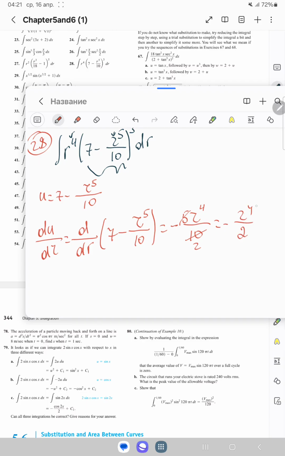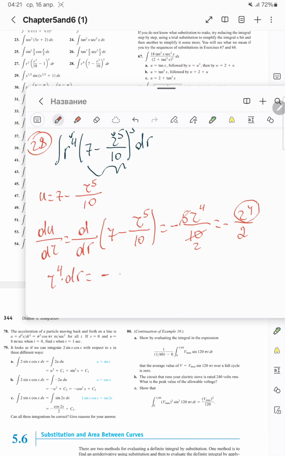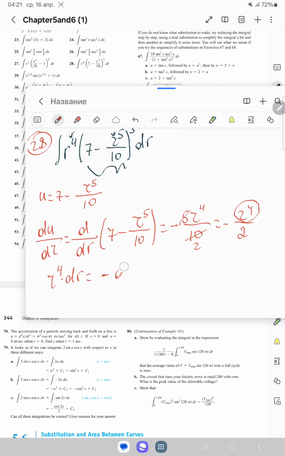We need to find r to the 4 times dr. r to the 4 times dr equals minus 2 du.